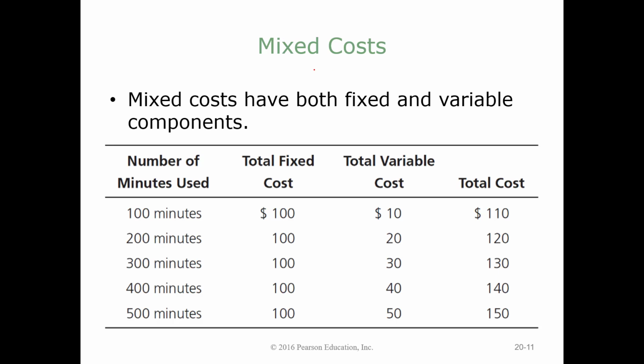This is why I can say that the product cost will be total variable cost plus total fixed cost, or the cost per unit will be the variable cost per unit plus the fixed cost per unit.